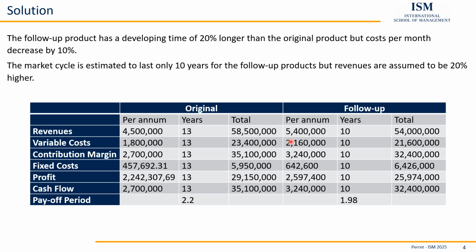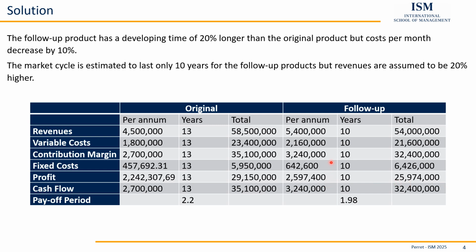Again, I do not have any information on the variable costs, so I can assume, relatively speaking, they stay the same. So I just use the same multiplier for variable costs. Subtract variable costs from revenues, giving me the contribution margin. Subtracting the previously discussed fixed costs gives me the profit per year and in total.